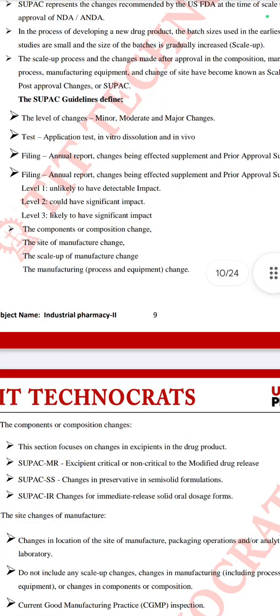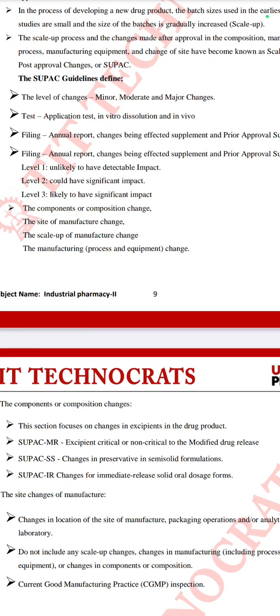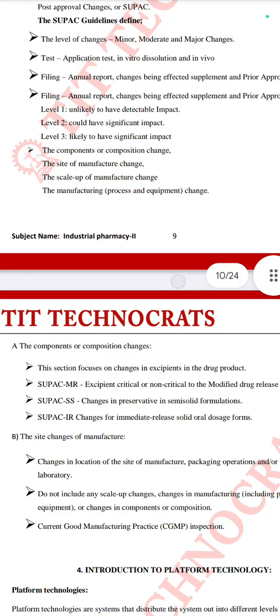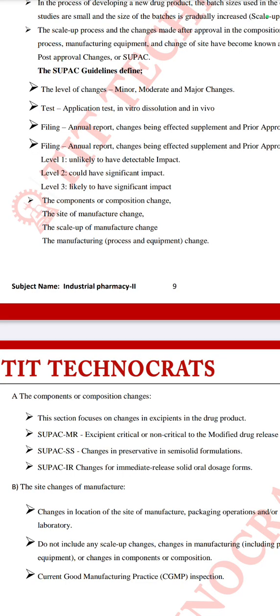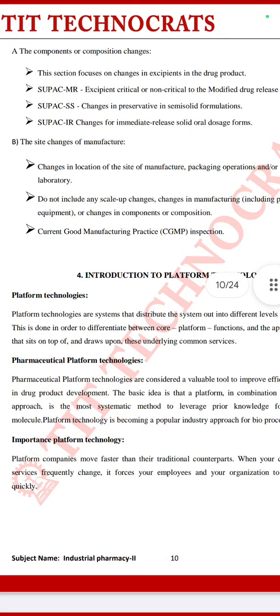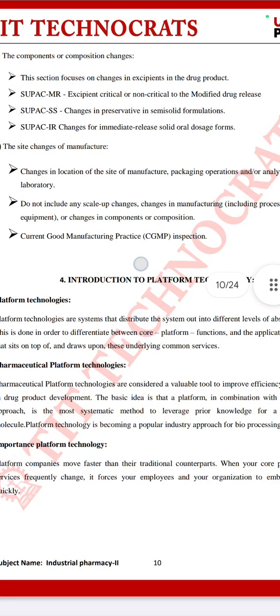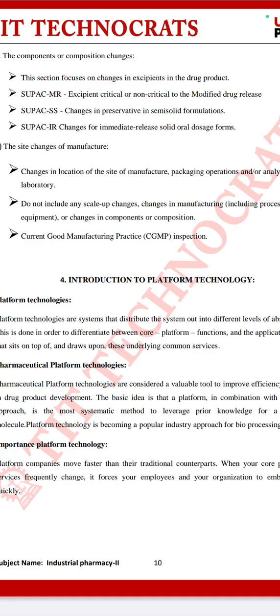So what will the industry do for the post approval changes? Level 1 changes, level 2 changes, level 3 changes. So these are the levels about the post approval changes. Component or composition changes. These are the SUPAC MR, SUPAC SS, SUPAC IR.